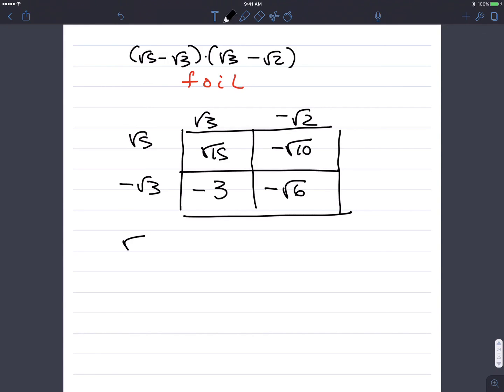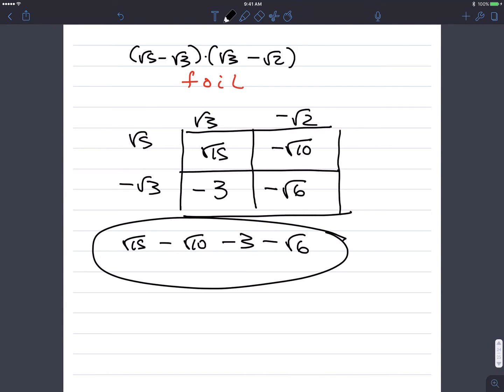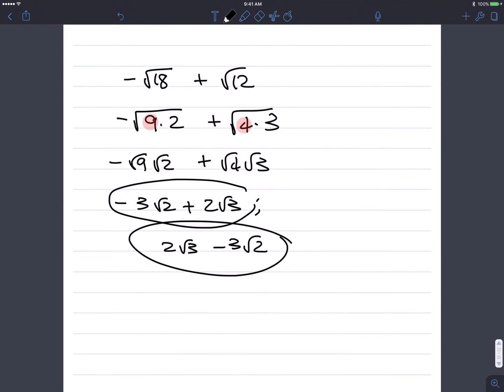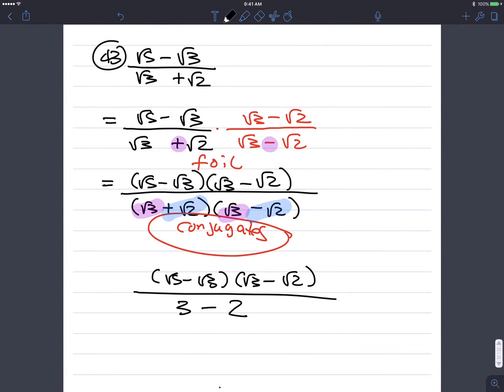Write down our terms: square root of 15 minus the square root of 10 minus 3 minus the square root of 6. Now notice these terms here are not like, so we cannot combine them. This was my numerator, and the denominator is actually 3 minus 2, which is 1.